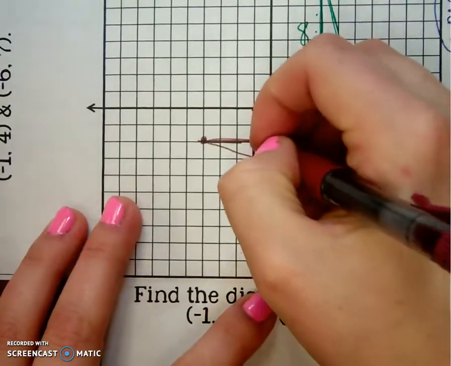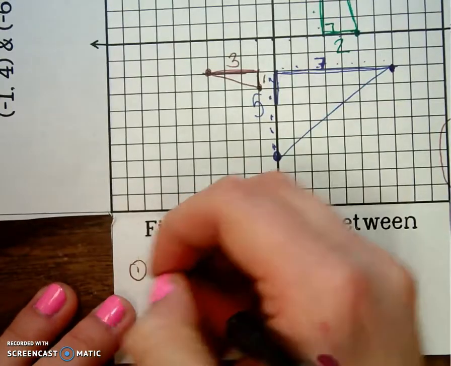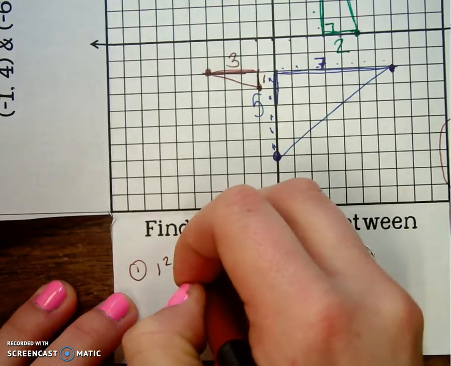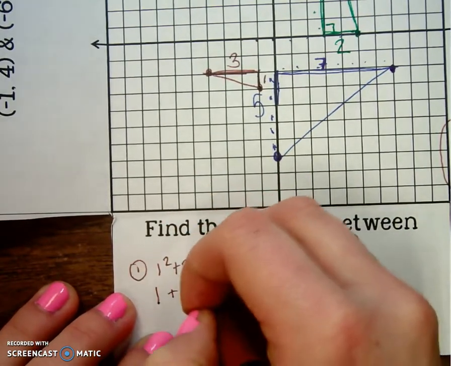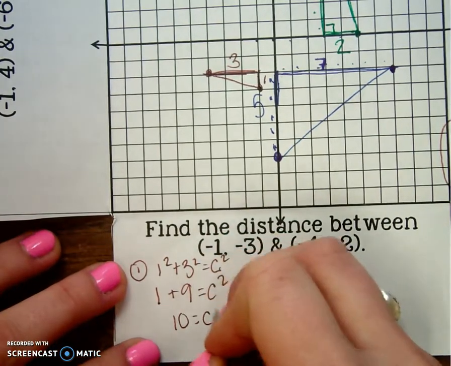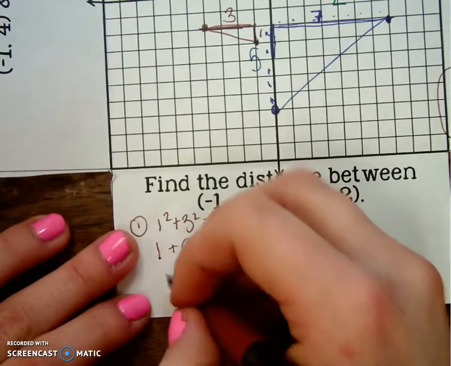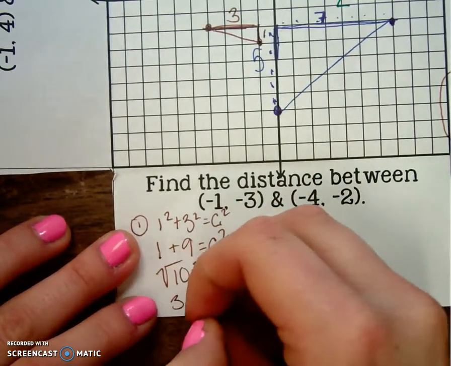So this dimension is 1 by 3. 1 squared plus 3 squared equals c squared. 1 plus 9 equals c squared. So 10 equals c squared. The square root of 10 is about 3.2.